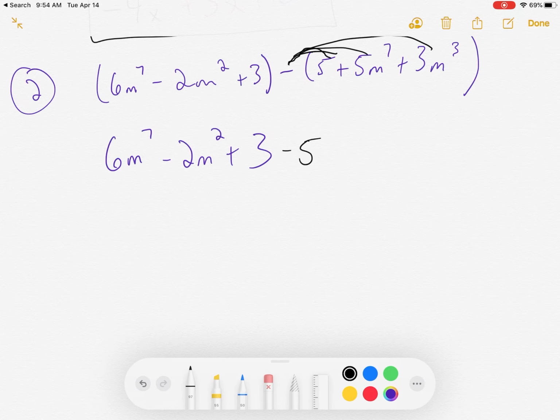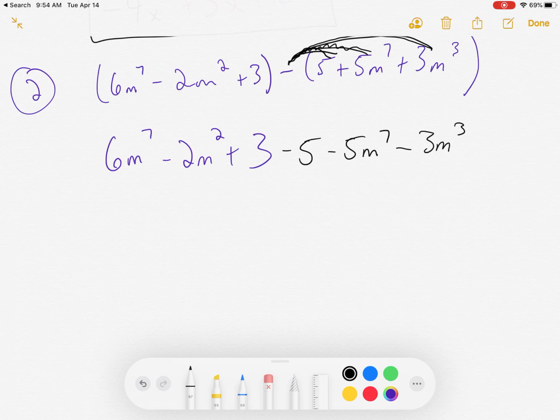Next up, it comes negative 5 when I distribute the negative. I'm going to distribute my negative to the next one as well. So it's going to be, instead of plus 5m to the 7th, it's going to become minus 5m to the 7th. And last but not least, when I distribute the negative sign to the 3m to the 3rd, it becomes minus 3m to the 3rd.